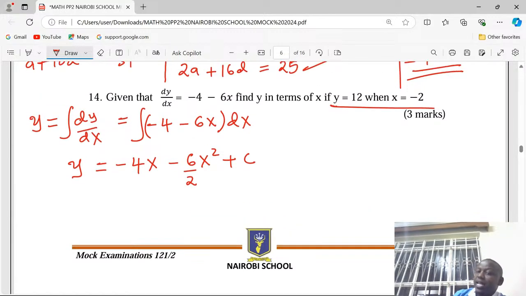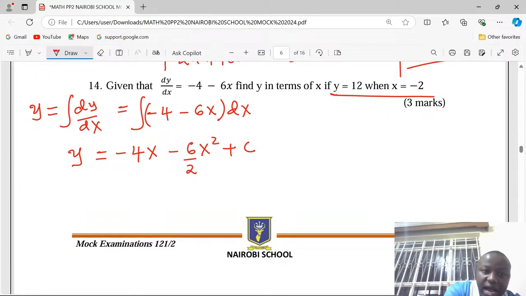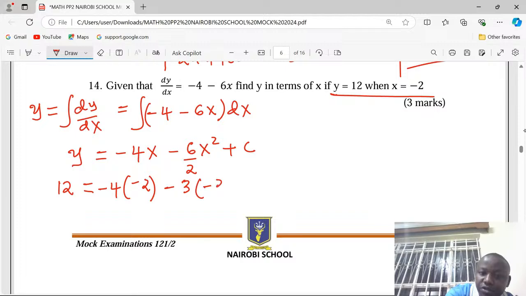In other words, the curve passes through coordinate negative 2, 12. And with that, we can have 12 where there is a y, and negative 2 where there is x. 6 over 2 can simplify to 3, and we will have negative 2 being squared, then plus c.